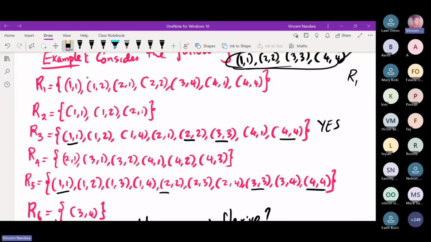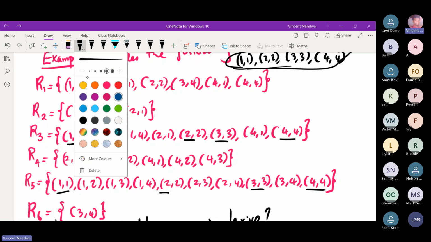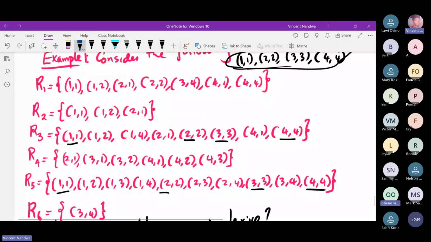From the definition, I would like anyone to classify any of the relations that you think satisfy the condition of symmetric, and why you think that the relation is truly symmetric from the definition. From R1 to R6, which of these form a symmetric relation? And why do you think so?